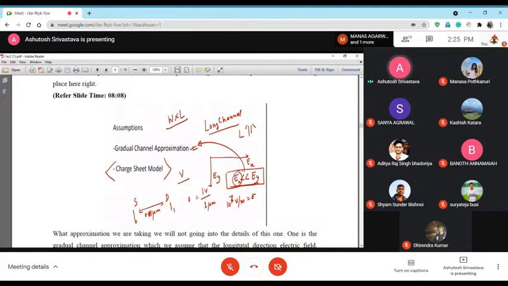But as you keep on squeezing down, the electric field in the x direction becomes equivalent to the electric field in the y direction, or probably greater. This is an important parameter where some other important phenomena arrive and play havoc with the basic functioning of your transistor.